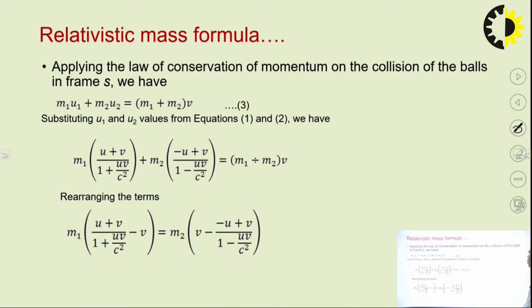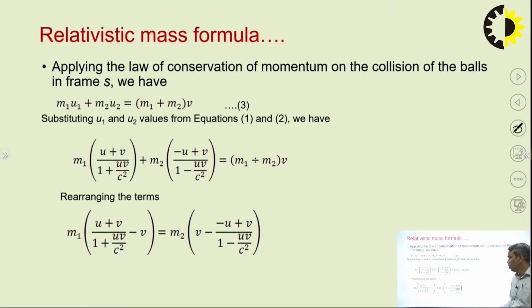Applying the law of conservation of momentum on the collision of the balls in frame S, we get m1 u1 plus m2 u2 is equal to m1 plus m2 into v. So, this is equation number 3.